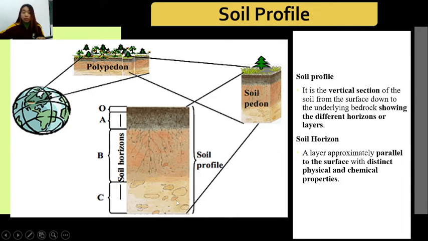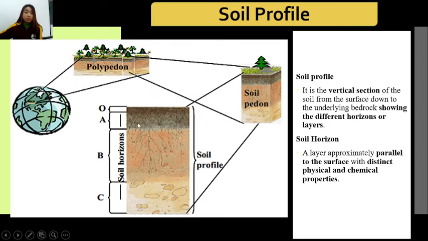Now, the soil horizon is part of the soil profile. It is a layer approximately parallel to the surface with distinct physical and chemical properties. It is parallel, with almost similar properties.